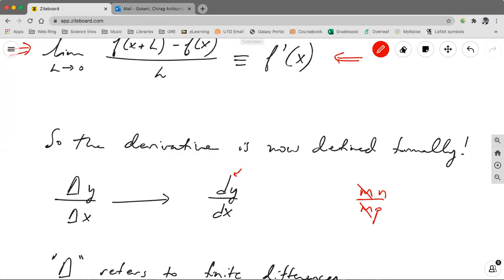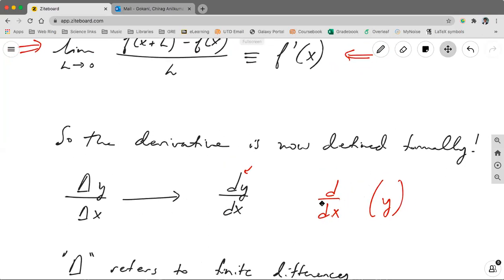And sometimes you'll even see that people will write the derivative as something like this. In a sense, this is like an operator, okay? You can apply this to a function, and this is sort of its own symbol. When you see the symbol, you should think the derivative of some function with respect to x.